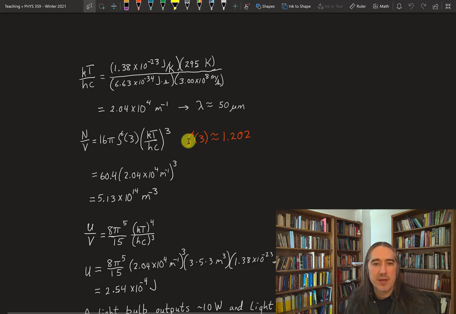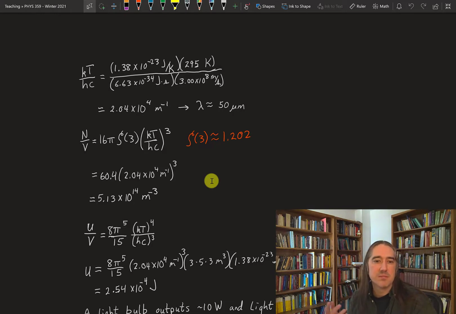So we can plug that in along with the 16 pi, and our value for kT over hc cubed, there it is, 5 times 10 to the 14 per cubic meter. So in your room right now, every cubic meter of space contains 500 trillion photons, roughly speaking. It's a lot of photons.